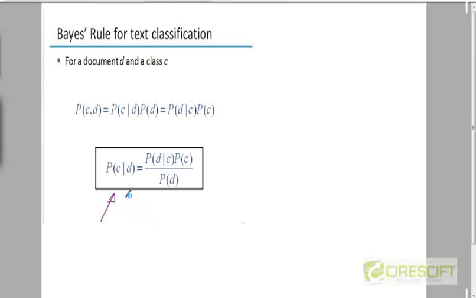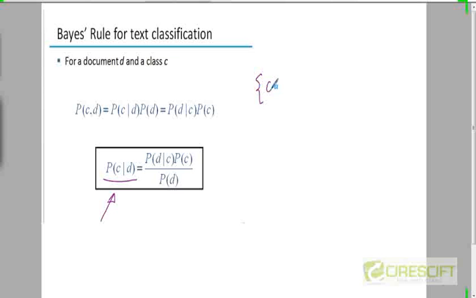For text classification, what we want to compute is, given a document, what is the probability that the document belongs to class C, right?